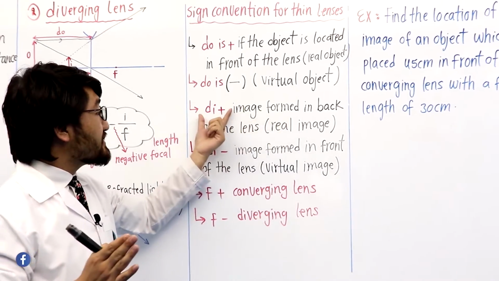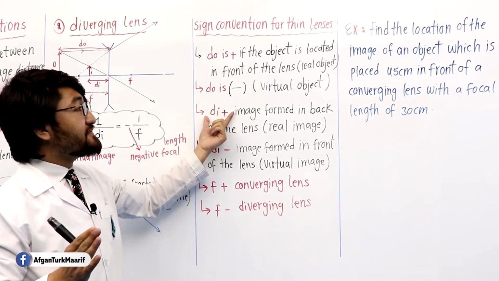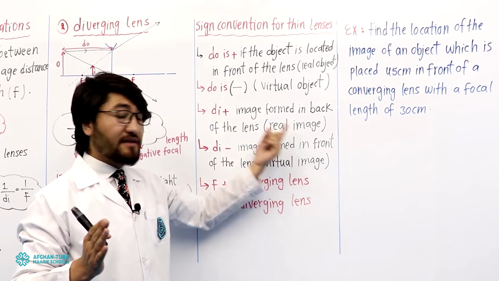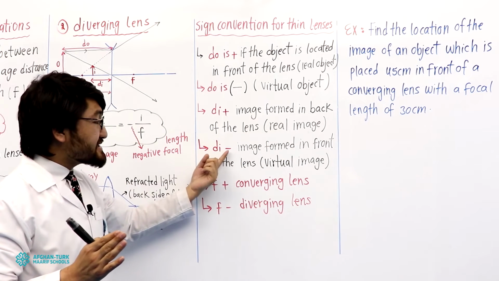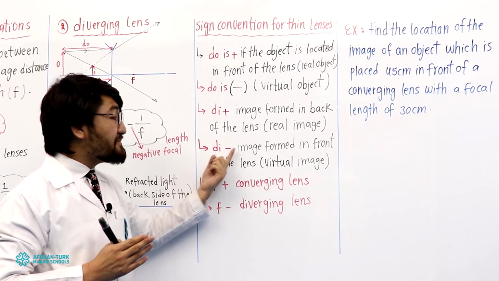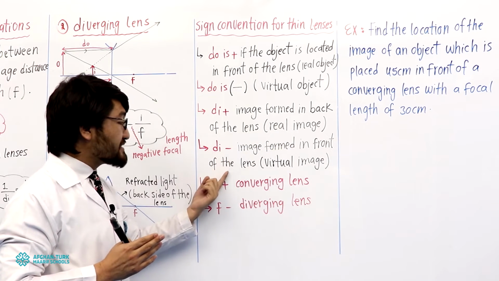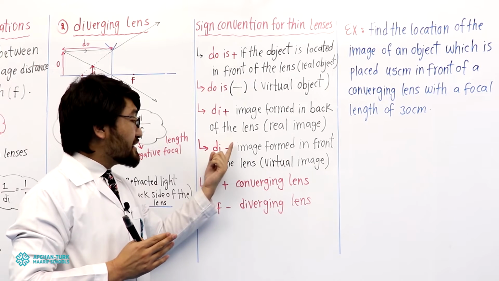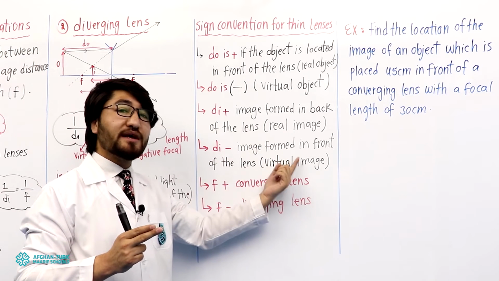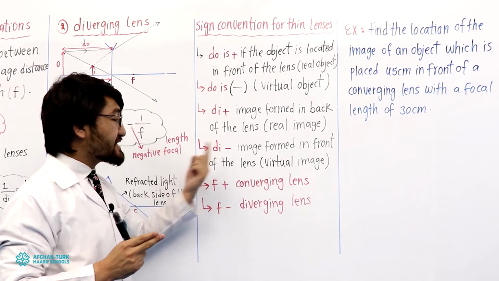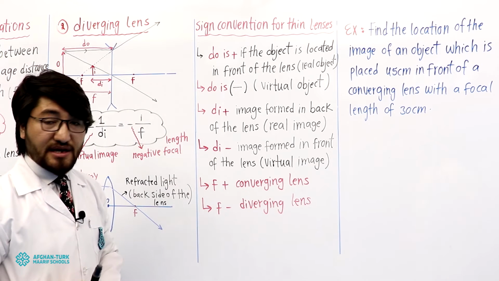A positive sign represents real. If di is positive, it means we have a real image. If di is negative, it means the image is far in front of the lens. A negative sign represents a virtual image. If di is negative, it represents a virtual image.